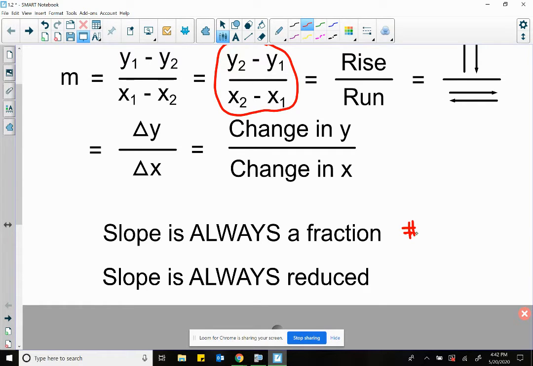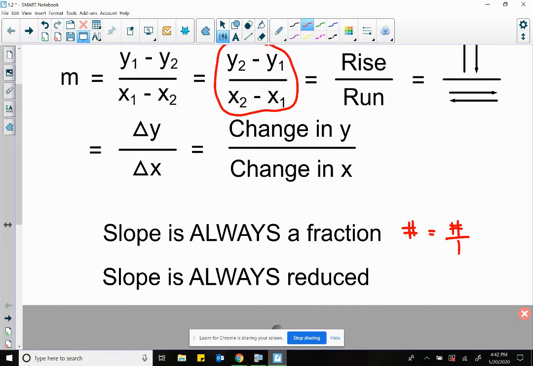This is a fraction because this number is over the number 1. So even when your slope is just a number like 2, that 2 is really still a fraction. It's 2 over 1. If you have negative 7, that negative 7 is still a fraction. It's negative 7 over 1.